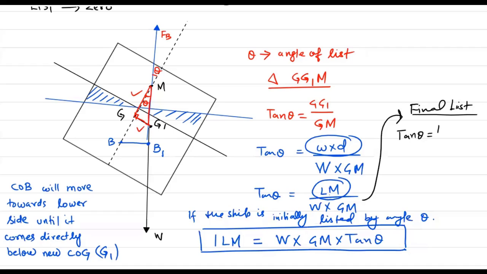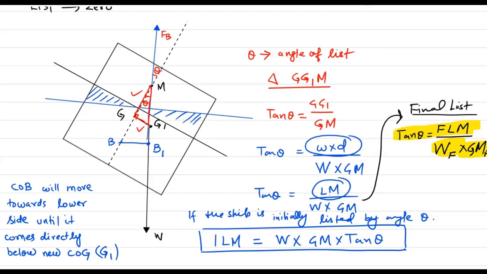Instead of LM, we will write FLM, final list moment, upon final displacement into GM final. Everything final. So if you remember these terms, I think life will be much easier for you. Tan theta is equal to final list moment upon WF into GMF.